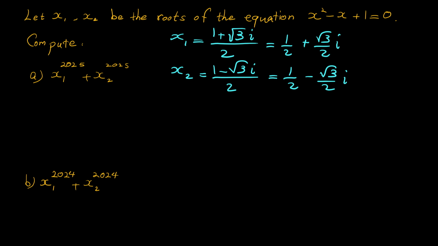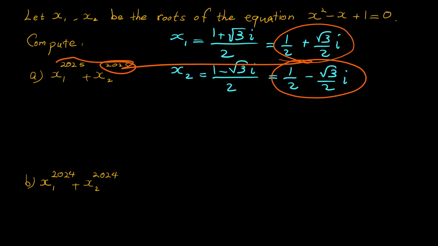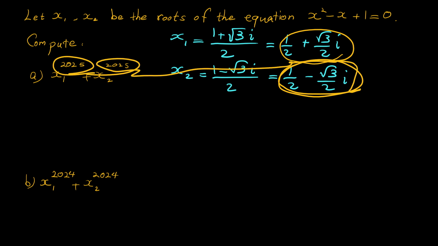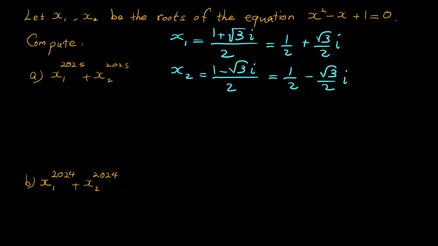Probably this is not a good idea, because raising these numbers to these powers is not easy. Although you can do this by writing these roots in the polar form and then raising to these big powers, there is a better way for doing this tricky question.